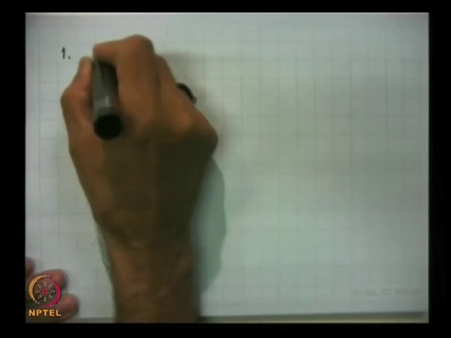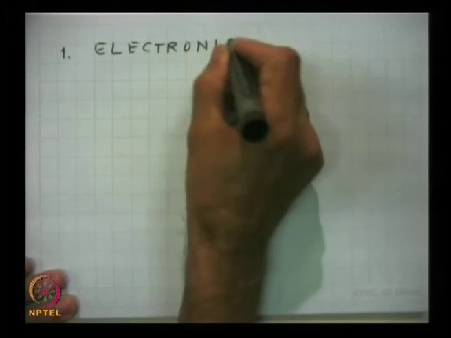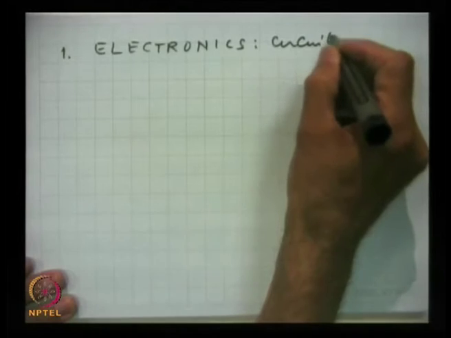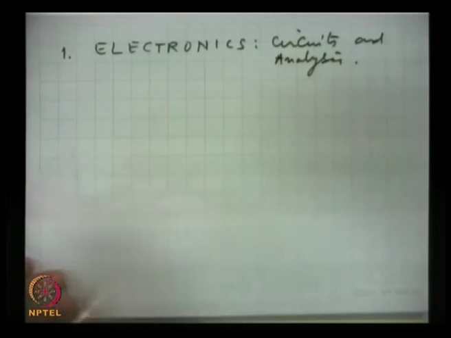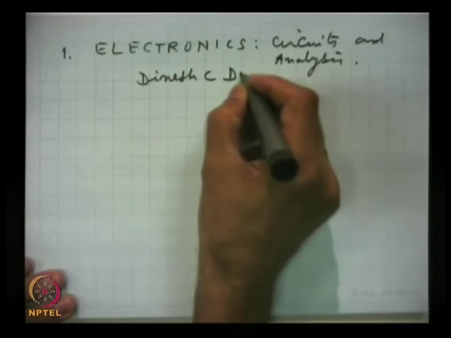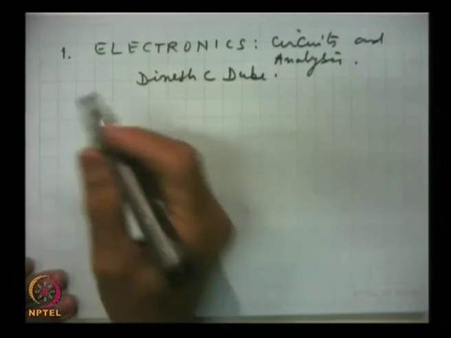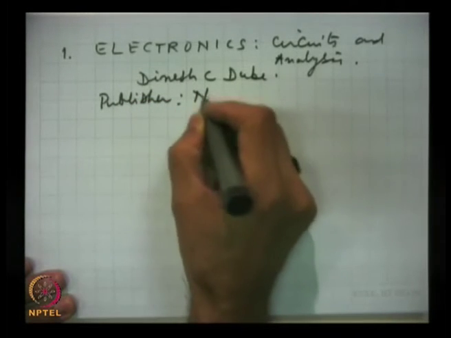One is Electronics: Circuits and Analysis. I have authored this book. This is by Dinesh C. Dubey. For India and neighboring countries, the publisher is Narosa.